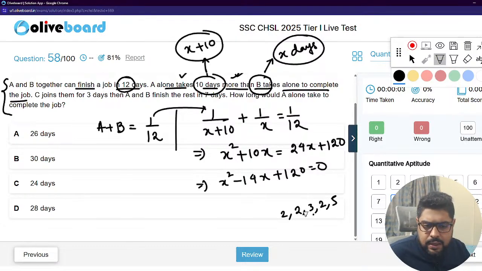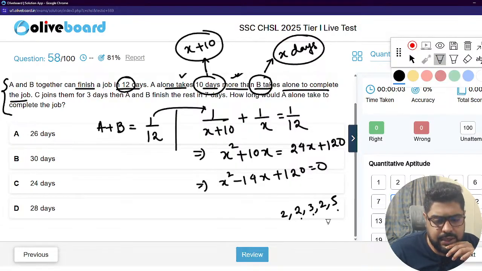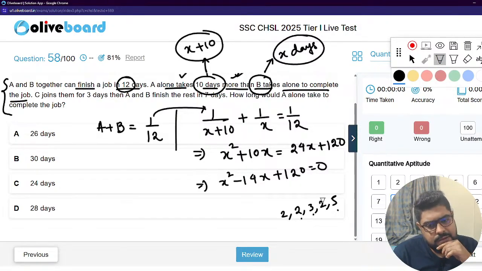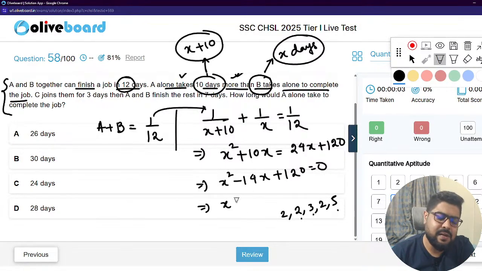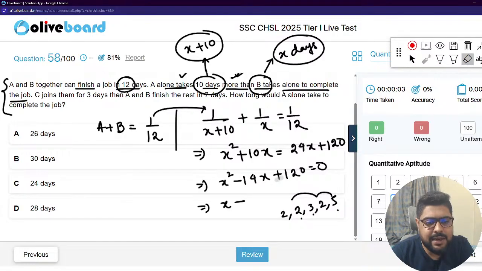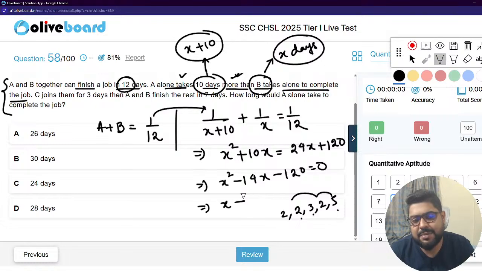No. 5 twos are 10, 2 tens are 20, minus 6. We can see, but again it is plus. No, it is minus. We were doing it wrong, that's why it wasn't working. Yes, minus 120. My mistake.